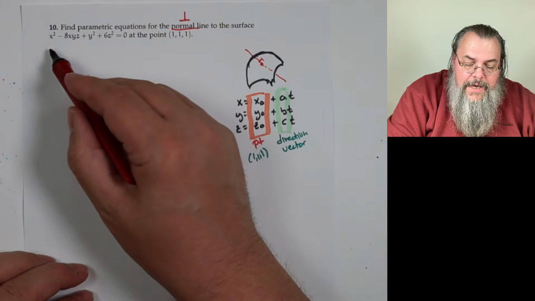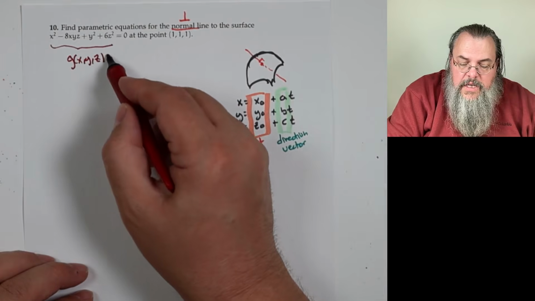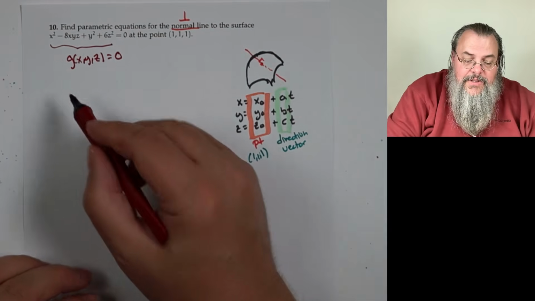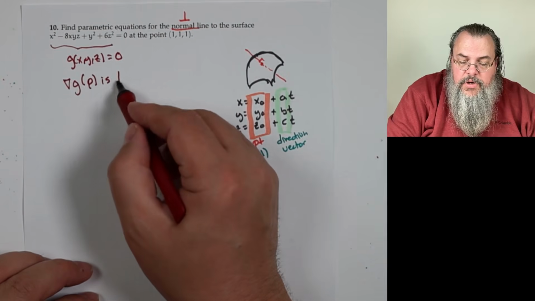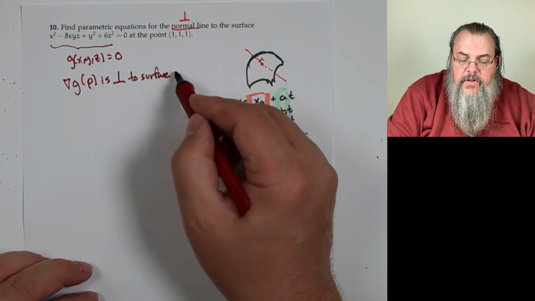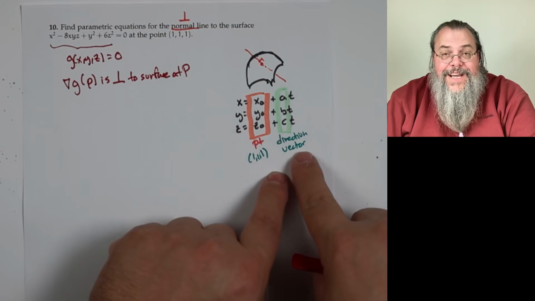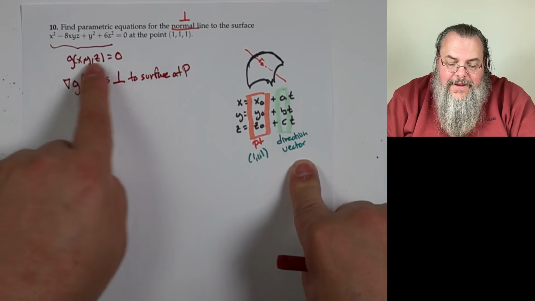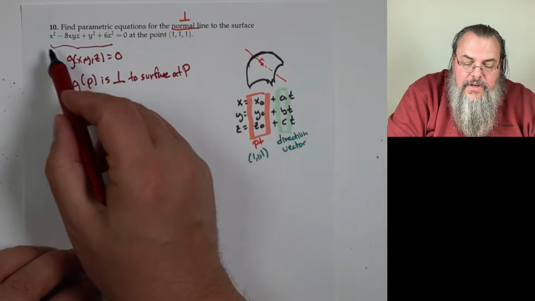If we have something that looks like g of x, y, z equals a constant, in our case the constant is 0, then the gradient of g at P is perpendicular to the surface at P. So the gradient is perpendicular. That's the direction vector. Now, key thing, you have to have this equals 0, but we already do. So perfect. Here's our function.